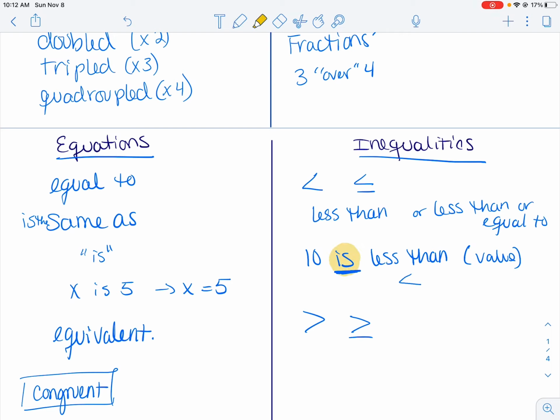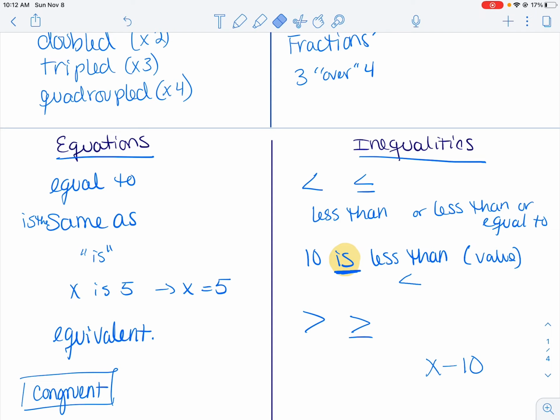So the word is tells us that we're comparing 2 quantities. Is means that we want an inequality symbol and not a subtraction, because we wouldn't say 10 is less than a quantity and mean that we have a quantity x take away 10. 10 isn't less than here; we have 10 less than the quantity. So very small differences in the wording can make a big difference.